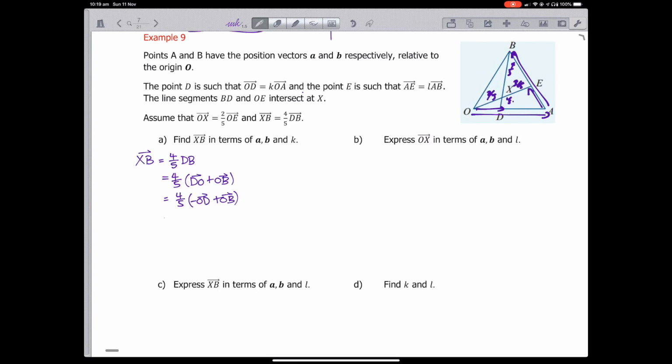Now we know OD is also a scalar multiple of OA, so 4/5 negative k OA plus OB, which is negative 4/5 kA, and then plus 4/5 kB.